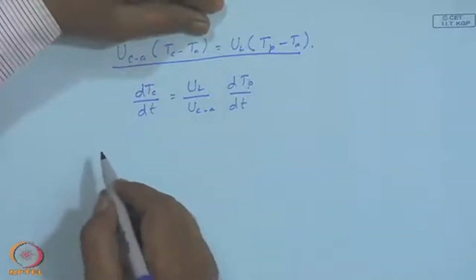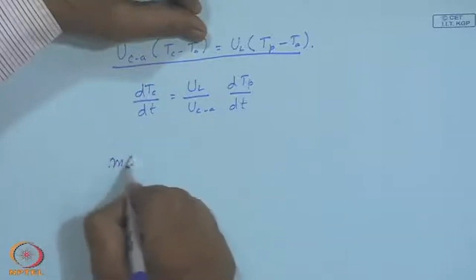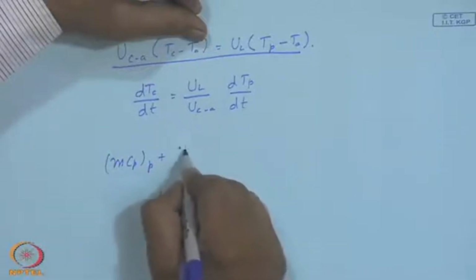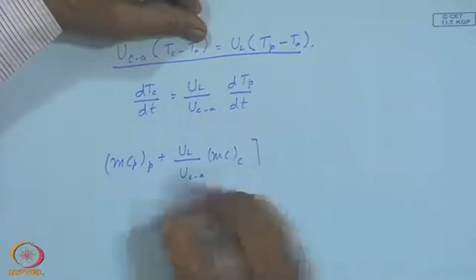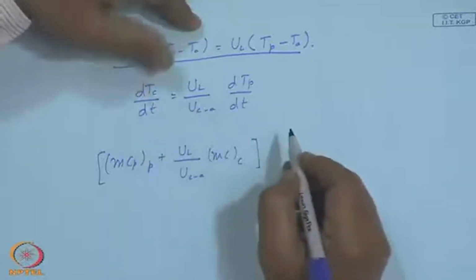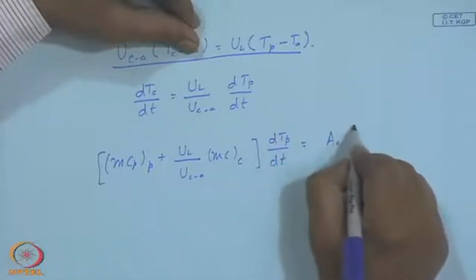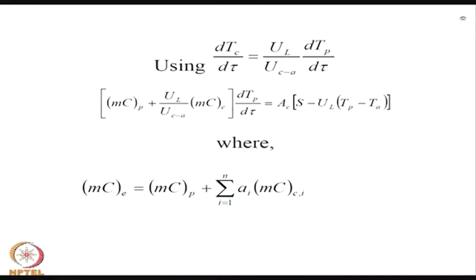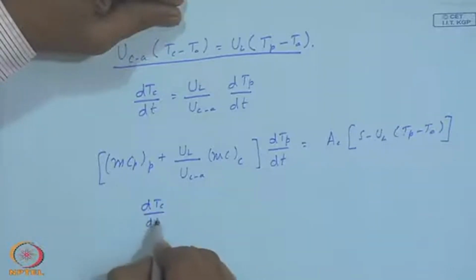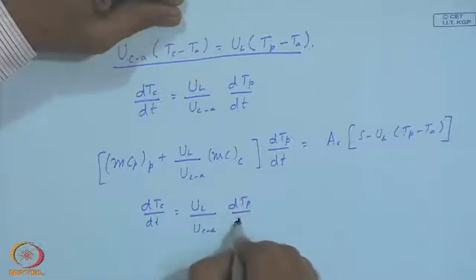Now, if you add those two equations, you will have (m c of the plate plus U_L by U_c A times m c of the cover) times dT_p/dt, since dT_c/dt is expressed in terms of dT_p/dt, equal to A_c times [S minus U_L into (T_p minus T_A)]. And we use this dT_c/dt equal to U_L by U_c A times dT_p/dt.